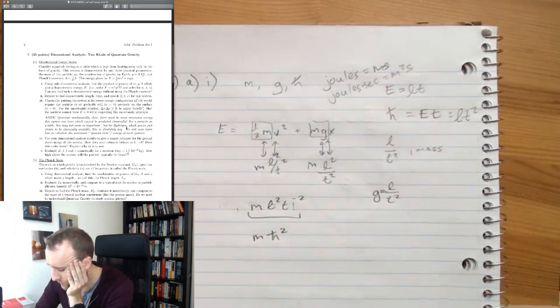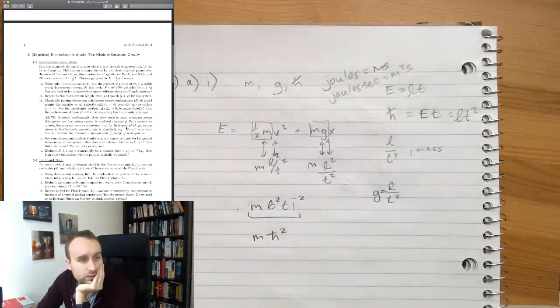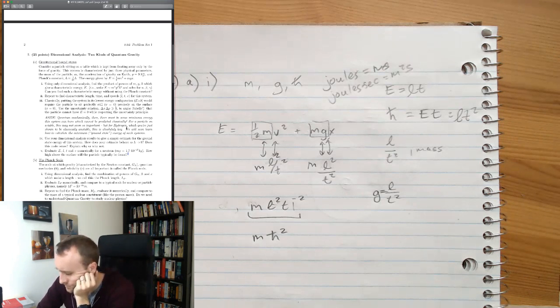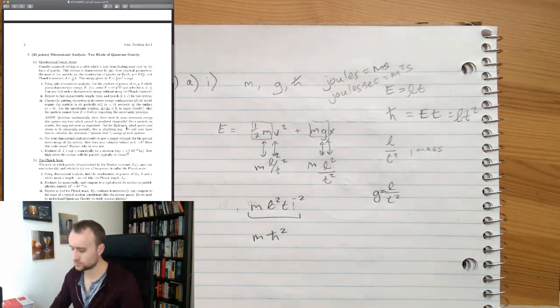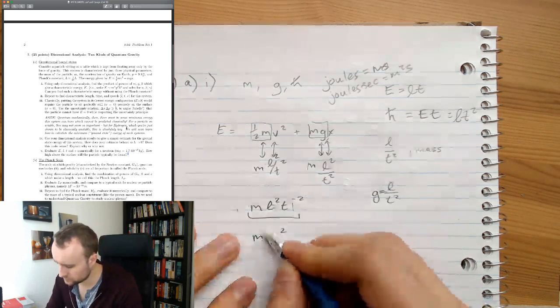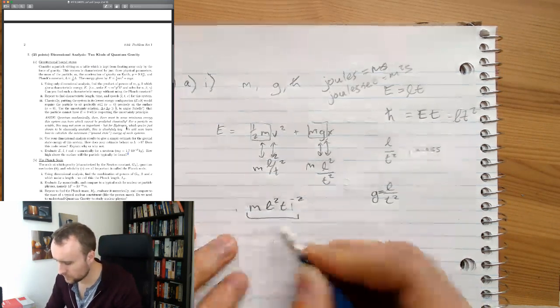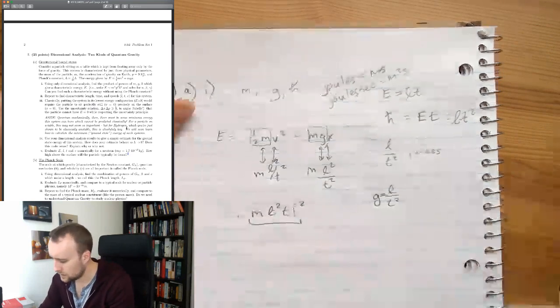How do we get length squared without getting rid of the, how do we get the right dimensions with these three constants without giving up any of them? Can we divide?